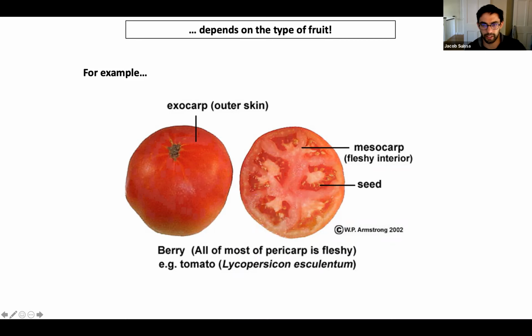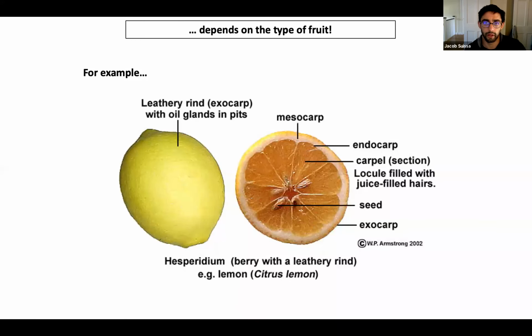So it's not really a good example to look at the endocarp of. But it shows you a fleshy mesocarp, and that sometimes it's really difficult to distinguish between the different layers of the carpel, the exocarp, the mesocarp, and the endocarp.